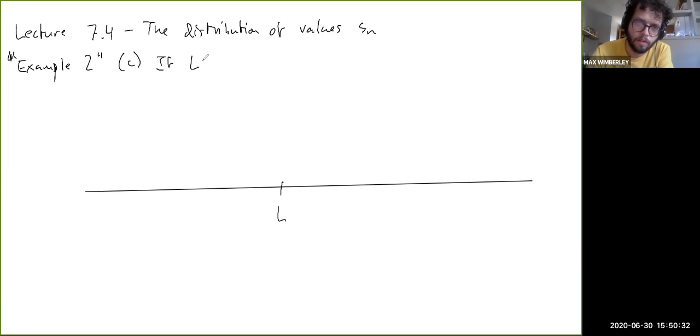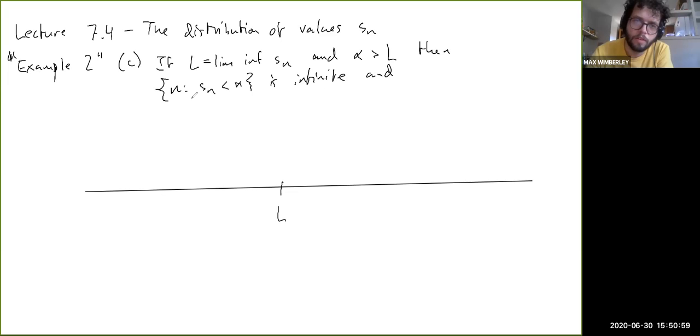So if L is the lim inf of Sn and alpha is greater than L, then the set of n for which Sn is less than alpha is infinite.